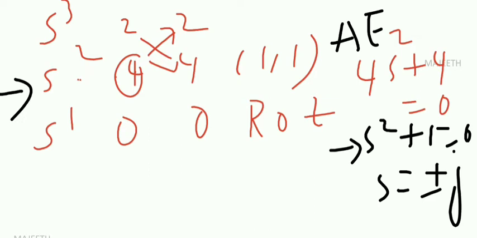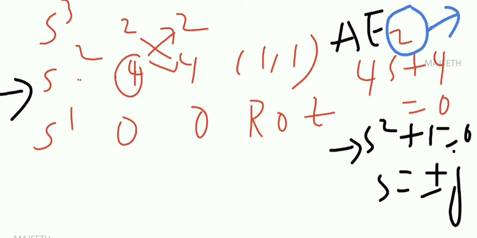The power of the AE determines how many poles are lying on the imaginary axis. The maximum power here is 2, so it implies two poles are lying on the imaginary axis. Okay, next we complete this.